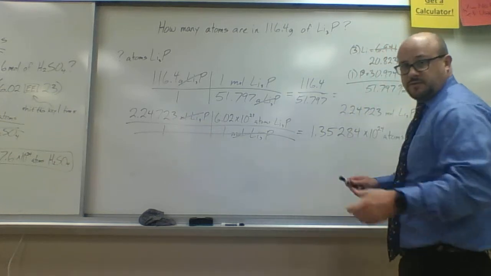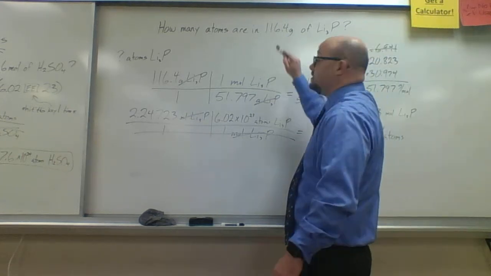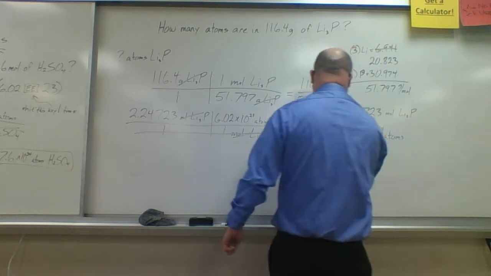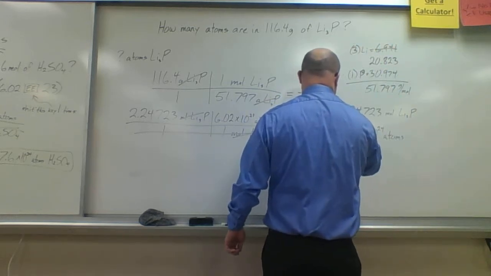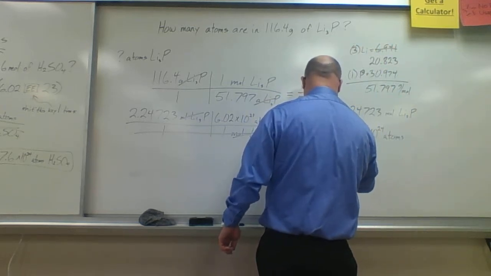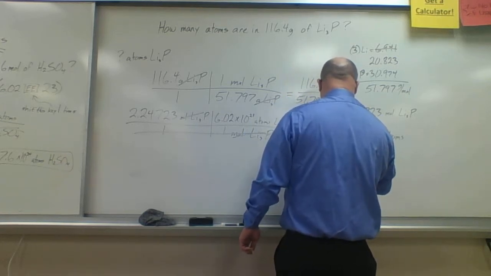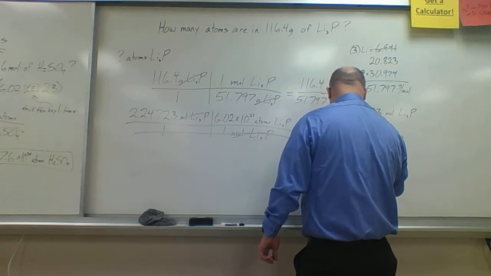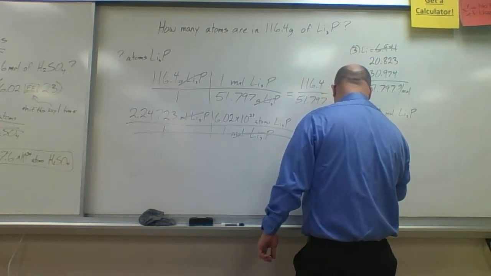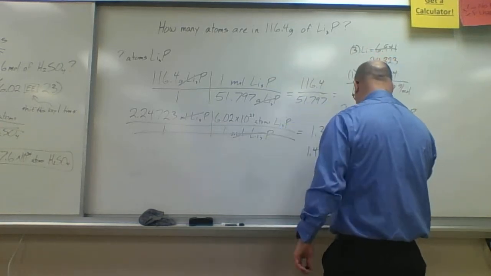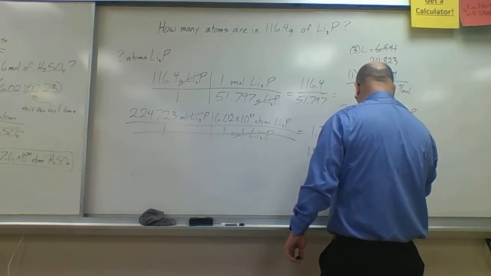How many decimal points were in our original question? Just 1. So we're going to round that. The 3 is going to go up to 1.4 times 10 to the 24th atoms of lithium phosphide.